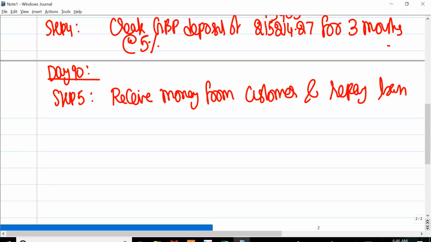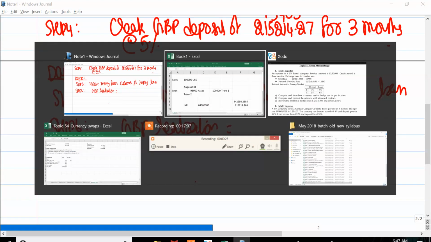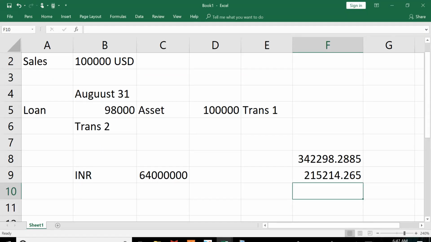Step 6. GBP realization equal to, we created a deposit, on that we will earn interest now and we will close the deposit. What was the rate of interest? 5% is for a year, take the proportionate rate.